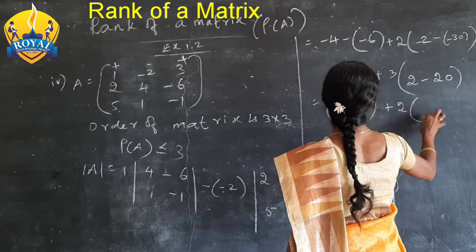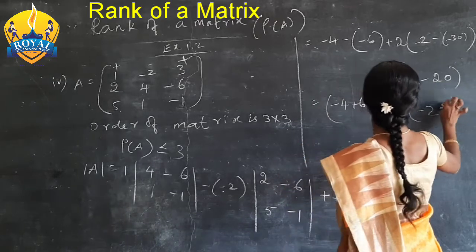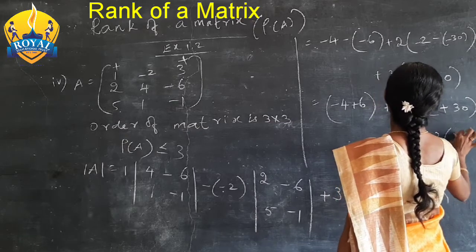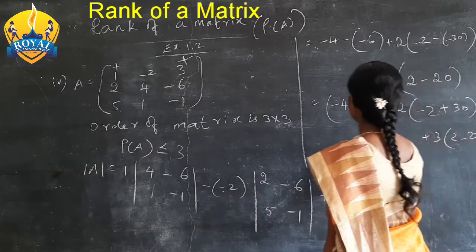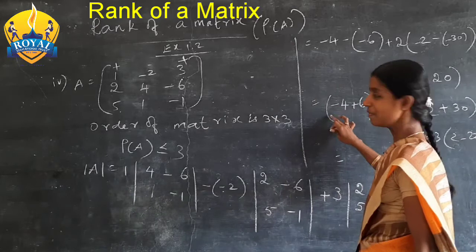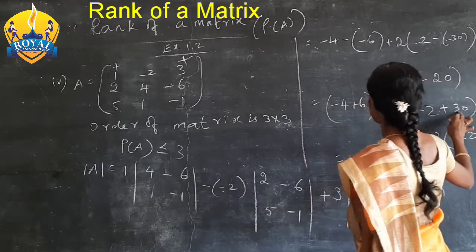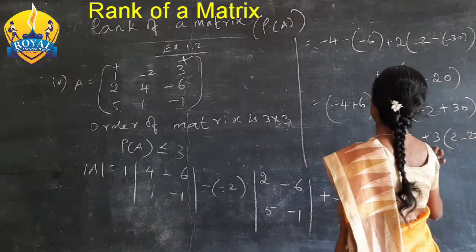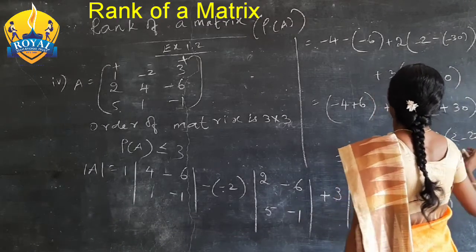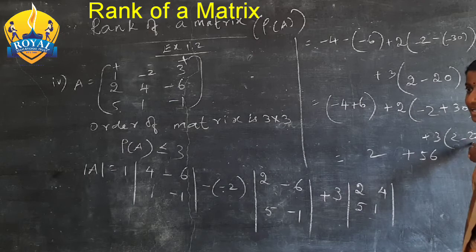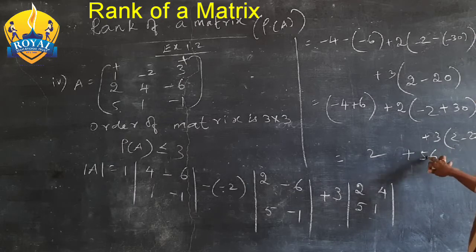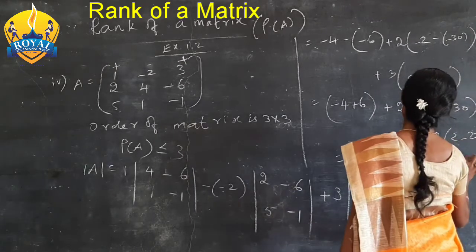Plus 2 into minus 2 plus 30, plus 3 into 2 minus 20. I have 6 minus 4, 2; 30 minus 2, 28; 28 into 2 becomes 56. 2 minus 20 is minus 18; minus 18 into 3 becomes minus 54.